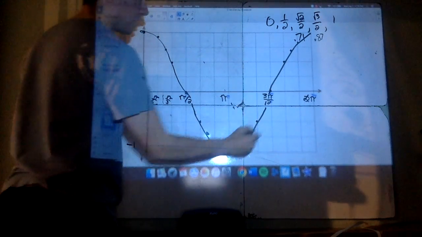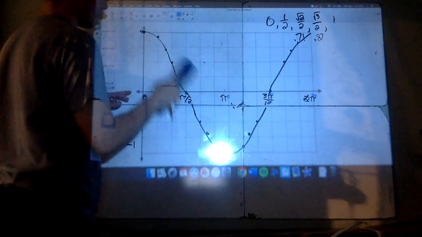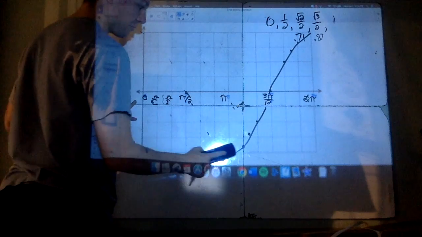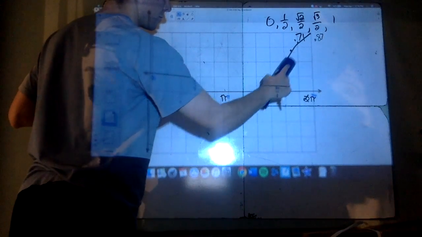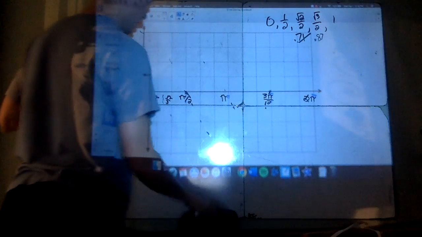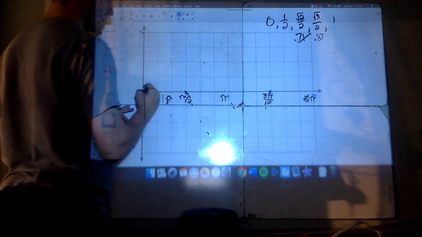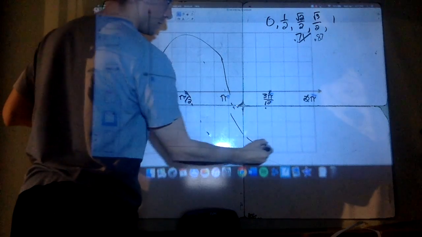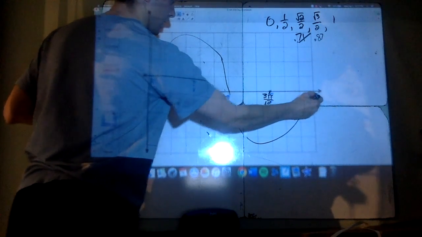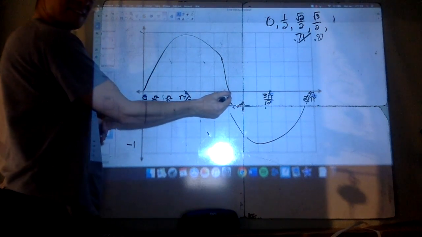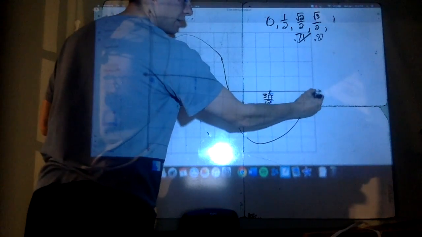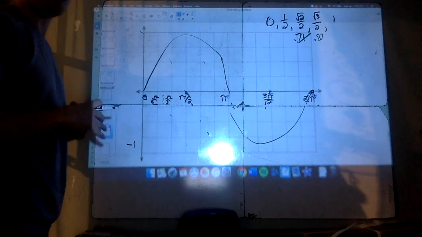It would go down, we go up, and back up at 2 pi. If you think about your sine graph, it started here, we went up, down, and back to the middle. It's going down at that point, so really to restart the cycle, it also took 2 pi.